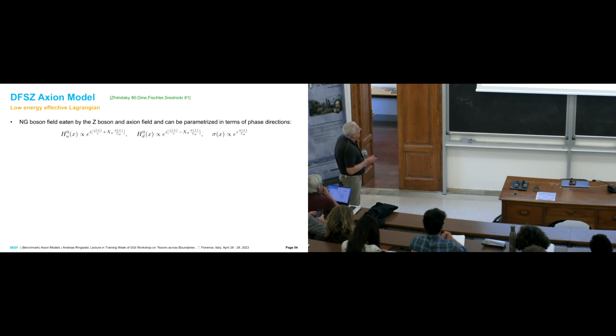And the axion field, which is called a(x), can generally be parameterized in terms of this phase direction. So for the H_u, we have this factor e^(i x_u a/ṽ_σ).